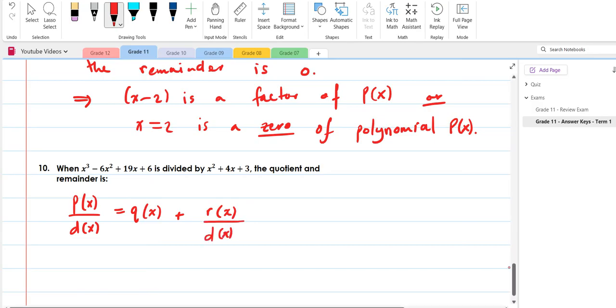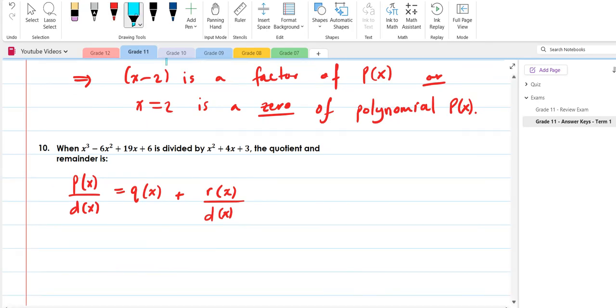Because x squared plus 4x plus 3 is a quadratic divisor and the polynomial is a cubic function, we can't use synthetic division, so in this case we use long division.